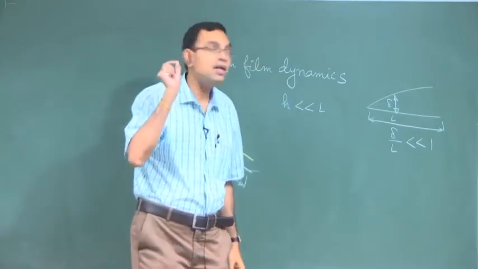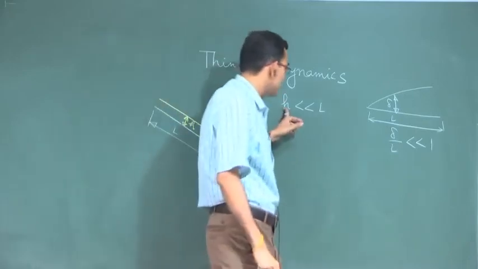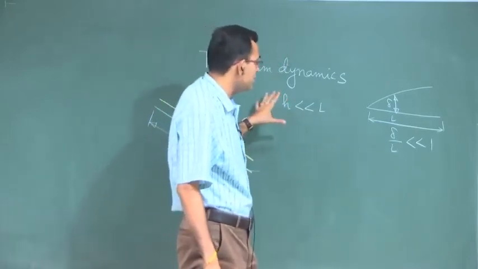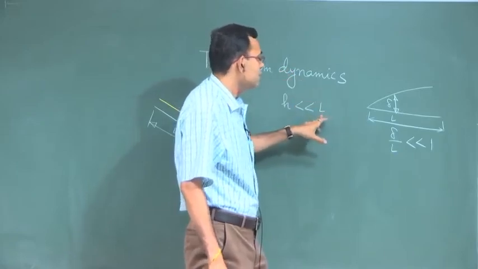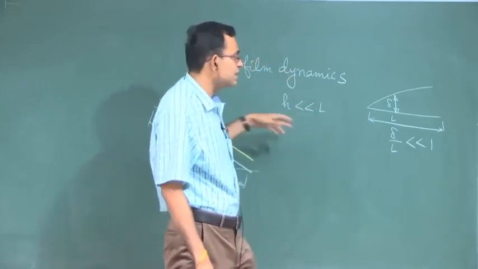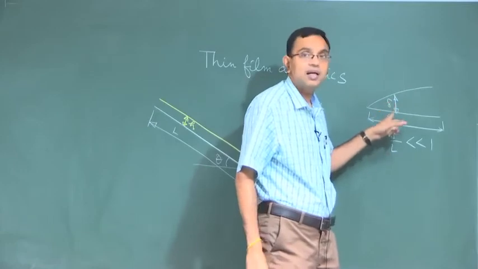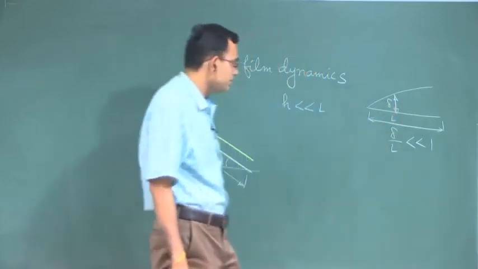This is the key: h is the length scale which can be considered much smaller than the axial length scale. Similarly, in the boundary layer, delta is much less than L.